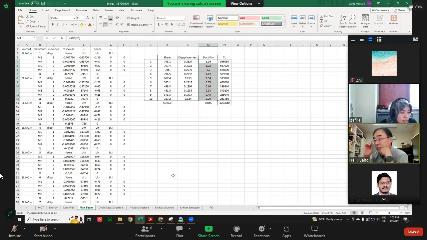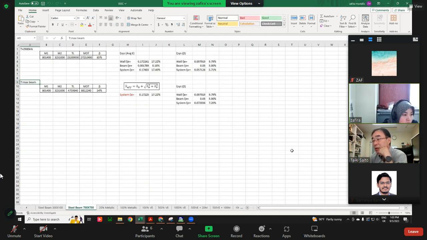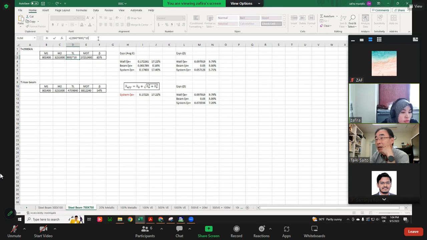Could you go back to the first? This one? Yeah. So T is smaller than the upper one. Yes, but this we calculate manually. This is the capacity times 800, the length between two walls.